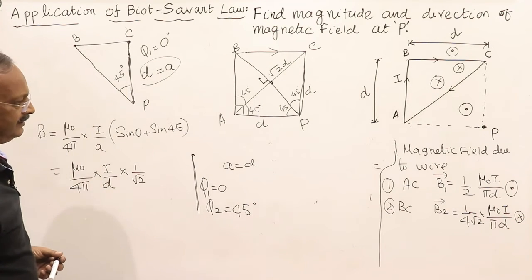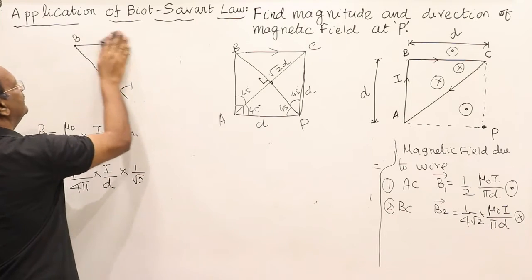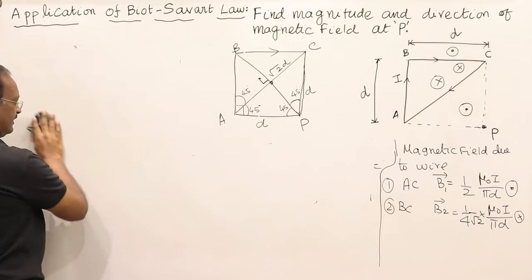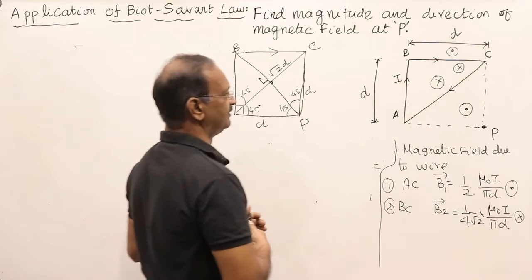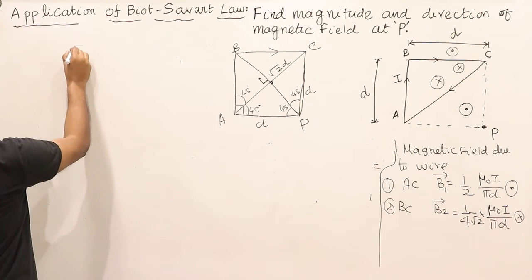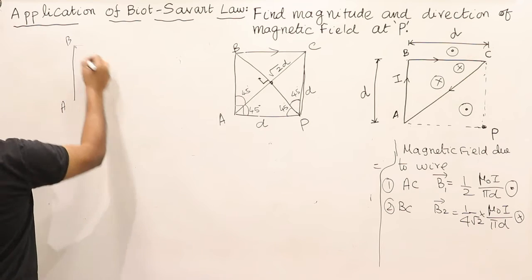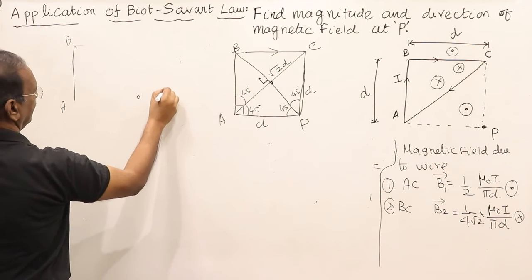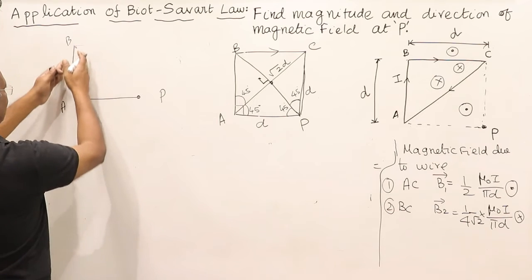Now, third, we are interested to find out due to the segment. Which segment? We have found out for this one and we have found out for this one. So third, this one, and this is the line, that is AB, where this is the P point. So we will draw the perpendicular distance with respect to the wire.